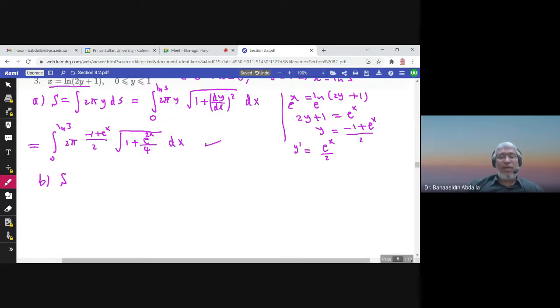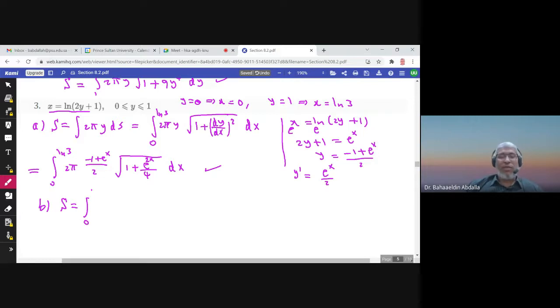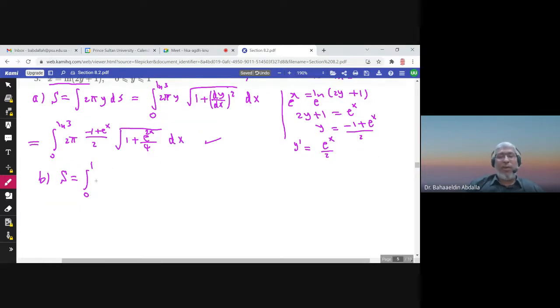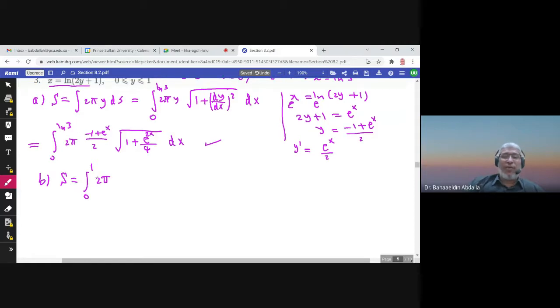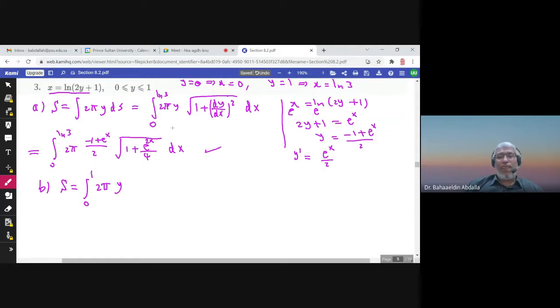Now part B, he asked now that the integral would be with respect to y. So y is from 0 to 1, and I have 2 pi y times the square root of 1 plus, I write it now, (dx/dy) squared, dy. Well, this is y, this is dy, that's okay. And here x has to be written as a function of y, which is as given in the question.